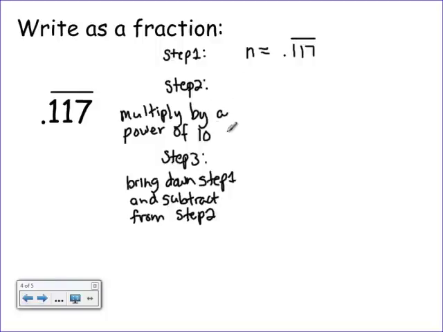Multiply by a power of 10. Hey, guess which power I'm going to multiply by? That's right. I heard Katie Kana yell it out all the way from her house. She said she's going to multiply by 1,000, because there are 1, 2, 3 numbers repeating, so that means she multiplies by the power of 10 that's raised to the 3rd power. And now I'm going to move this decimal over 3 places.